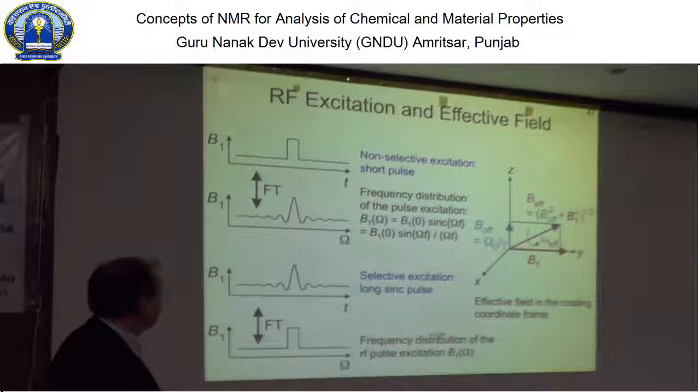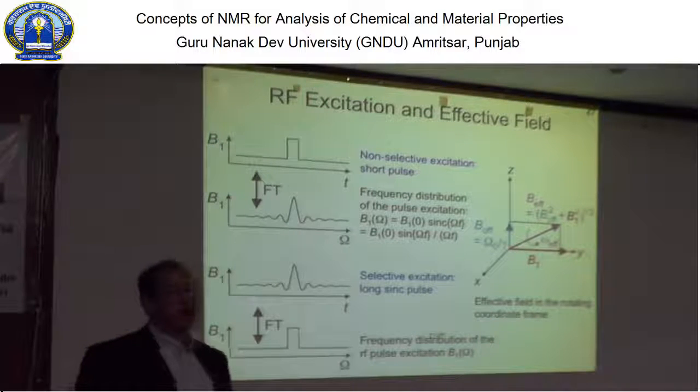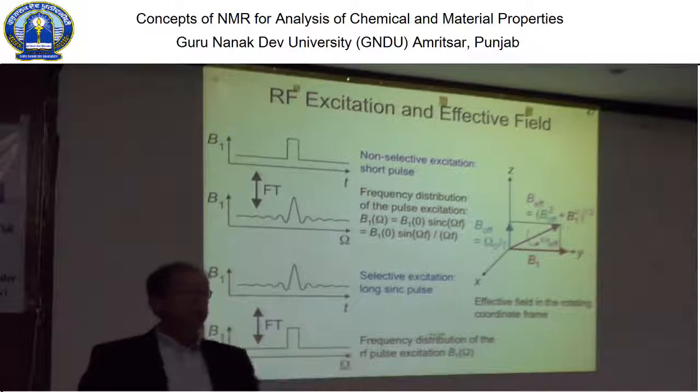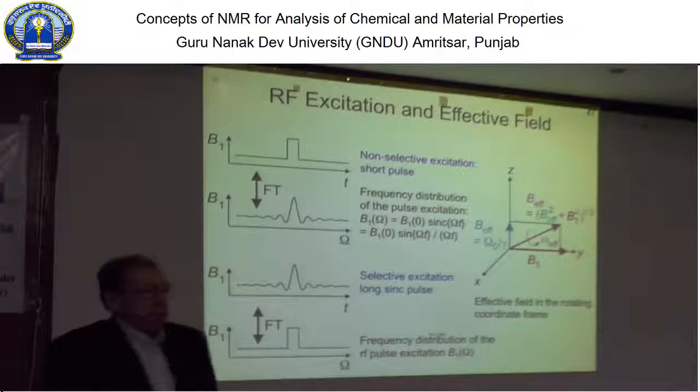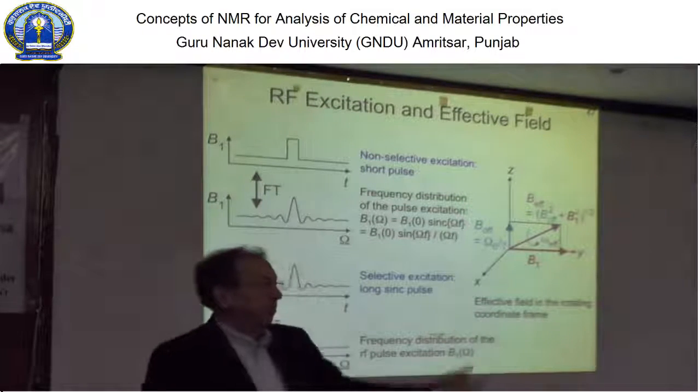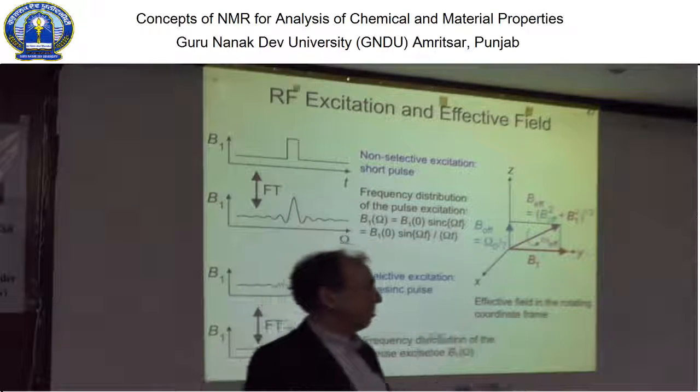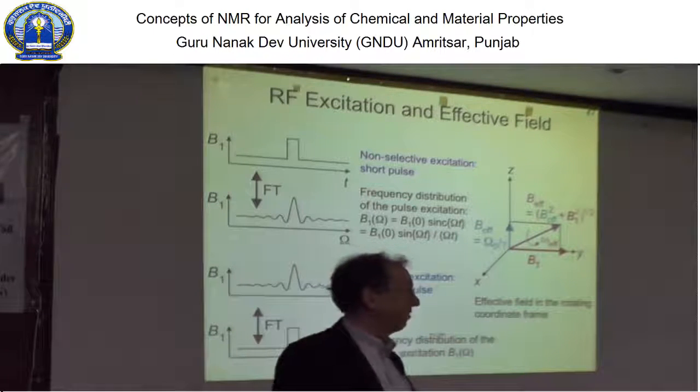And what determines which direction the effective field points is the magnitude of the B1 field. That means, how strong is your transmitter? How short is your 90-degree pulse? Especially when you're at high fields, you spend a lot of money, you're a rich person, you buy yourself a 1 gigahertz spectrometer. Most people dream of that to have beautiful spectra.